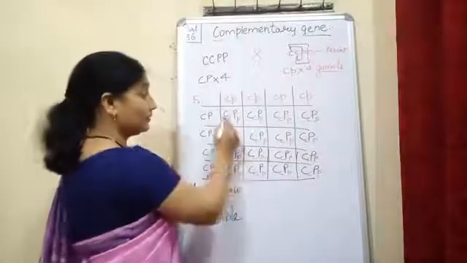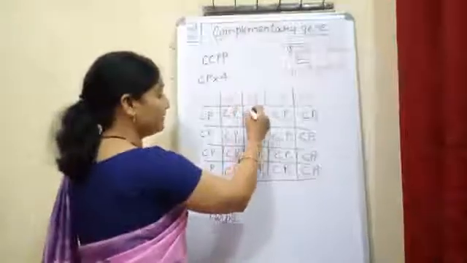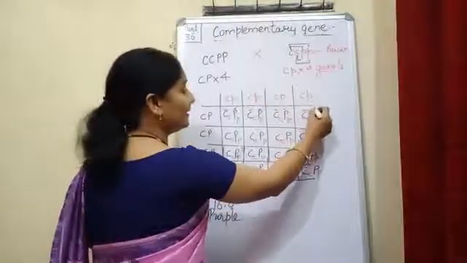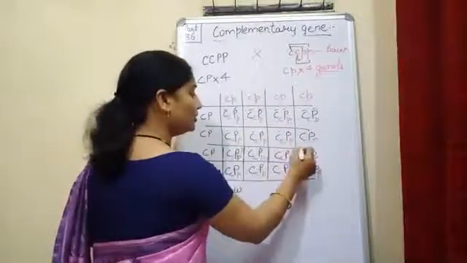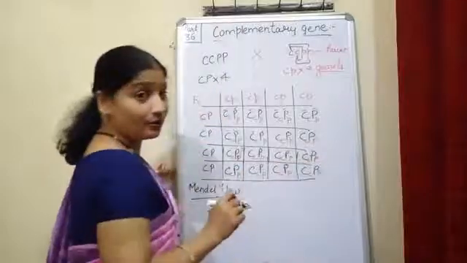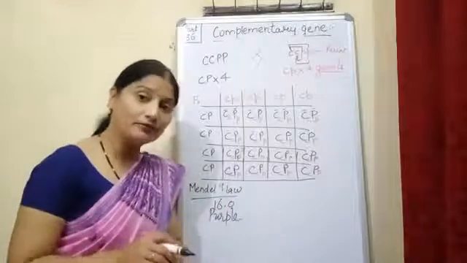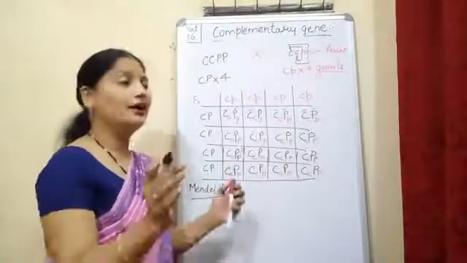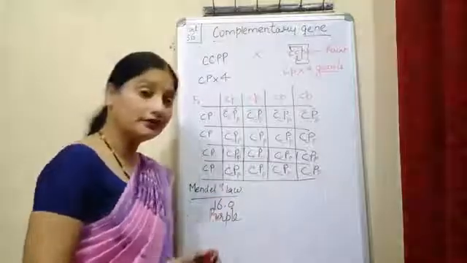Clear? Because at least one allele should be in the dominant condition, and everywhere we can see at least one in the dominant condition. So the color of the flower will be purple, because C will form the chromogen and P will form the anthocyanin, and both of them will work together to show the purple color of the flower.